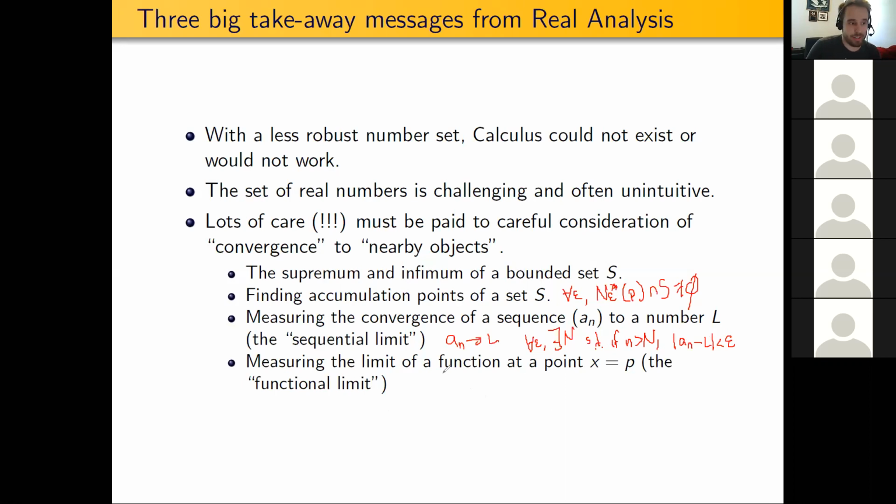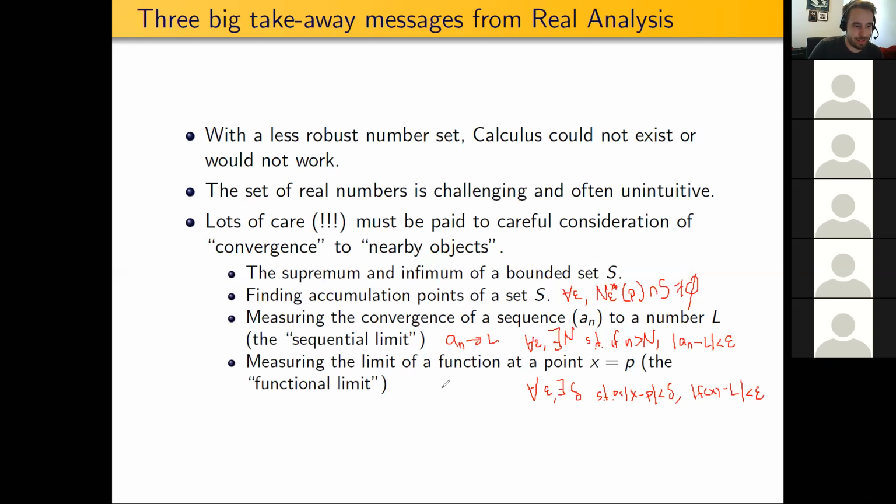And then finally, more recently, we talked about the limits of a function, right? So the functional limit, that was maybe the most challenging one. That was for all epsilon, there exists not an n this time, but a delta, right? Such that if we're looking at x values that are close to a point P, so within delta distance of P, but not equal to P, toss that in there, we saw that the absolute value of f of x minus L was less than epsilon.